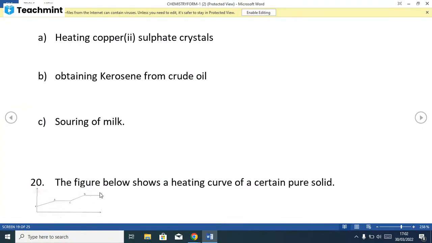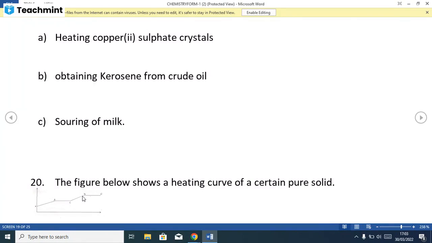CD, the temperature increases steadily as the liquid absorbs the energy.